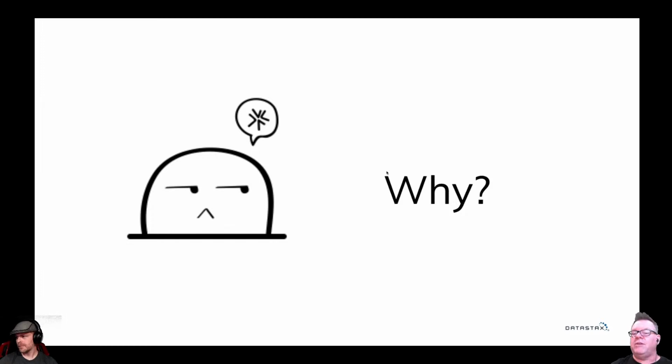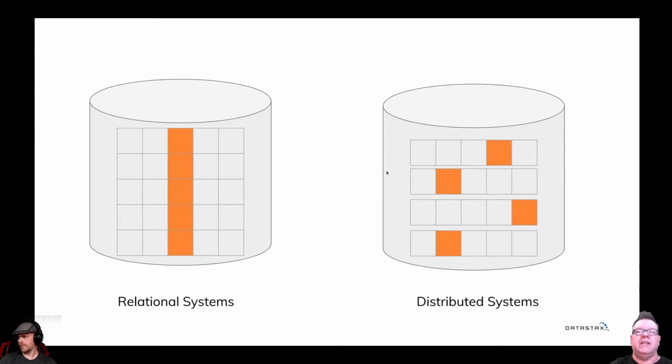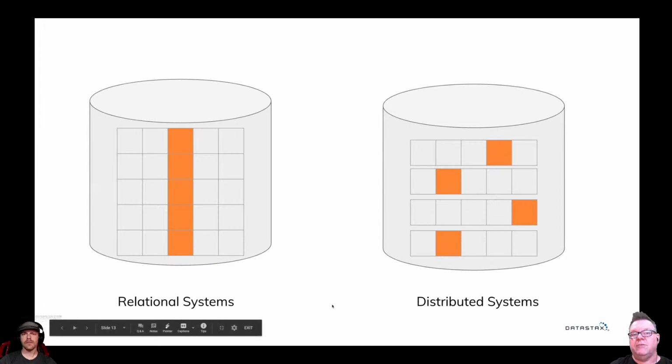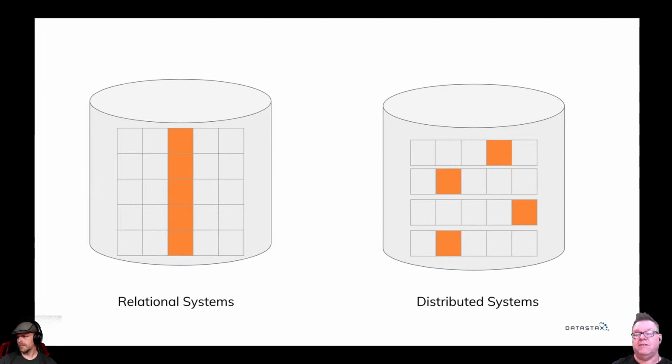Reasons. But the reasons are now getting into the understanding of what a distributed database actually is and how it works. So in relational systems and distributed systems, especially Cassandra, the layout of data is very different. And when we talk about relational systems storing data, it's usually a DB file that's arranged in row column format, and for good reasons, because that's how you would normally access the data.